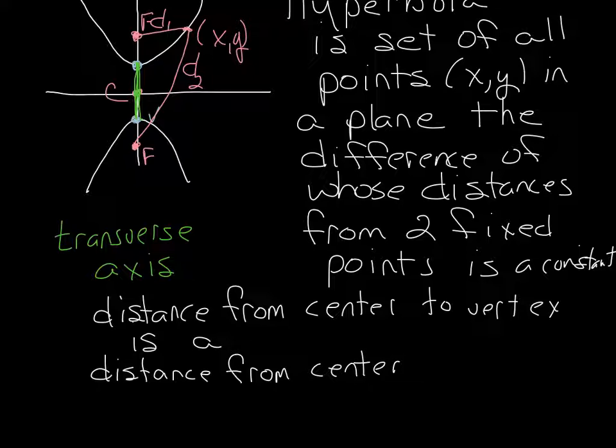So the distance between foci is 2C. The distance between vertices is 2A. The difference being that C is going to be bigger this time than A, because the foci are inside the branches of the hyperbola. We'll use B, but B helps us to find the asymptotes when we go to graph the hyperbola.